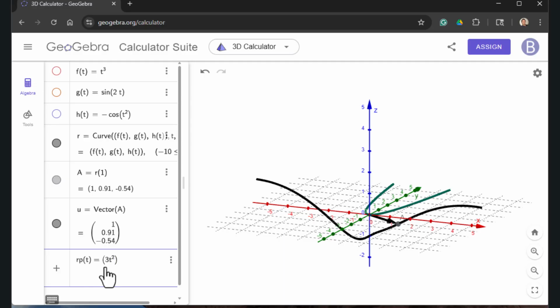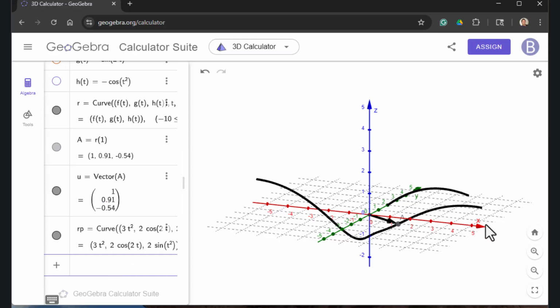I have to press the down arrow so it doesn't stay in the power, comma, 2 times the cosine of 2t, comma, negative 2 sine of t squared. I get a second curve.